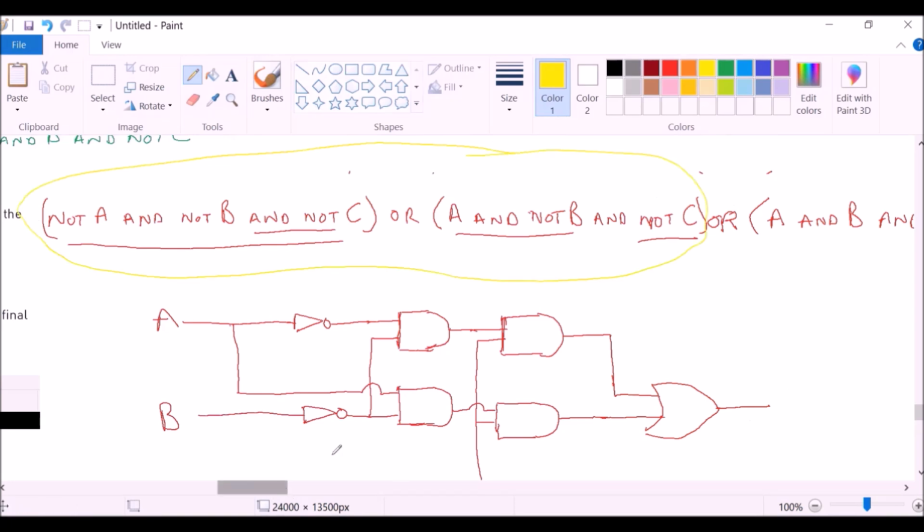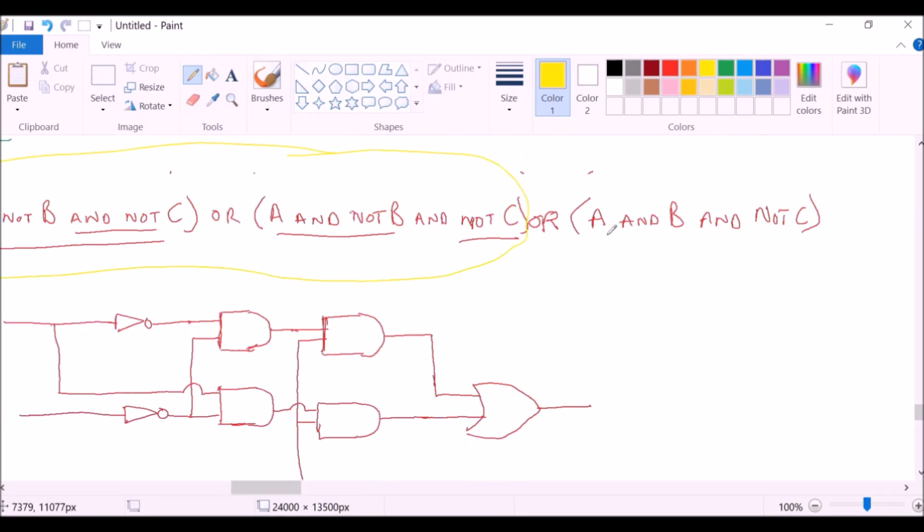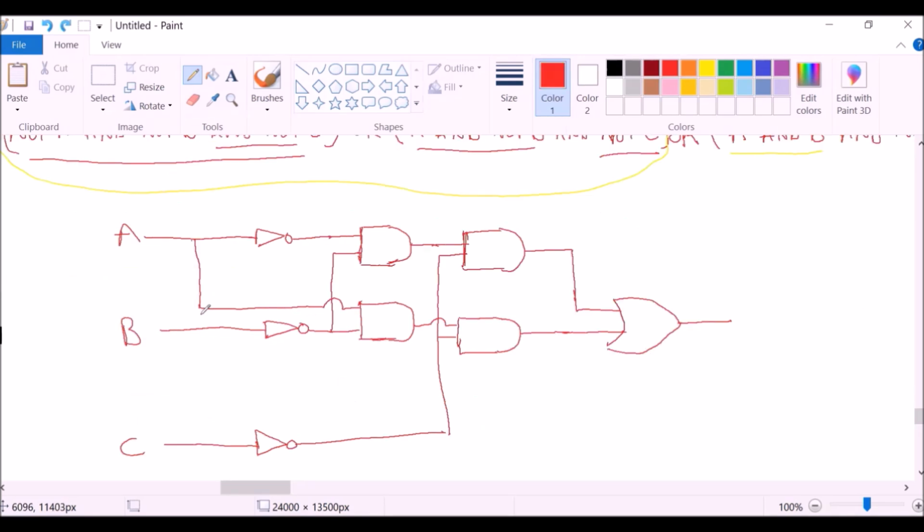Now we want this final circuit, A and B and not C. So we start with A and B. So we take A here and we take B here, put them through an AND gate.